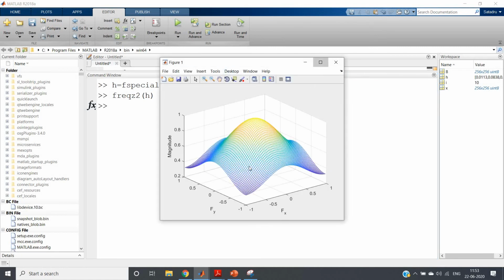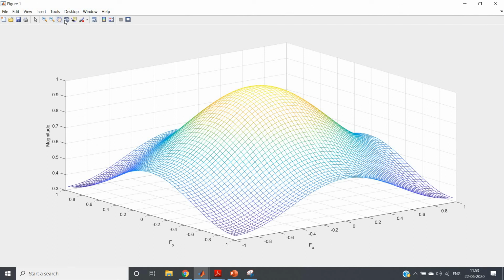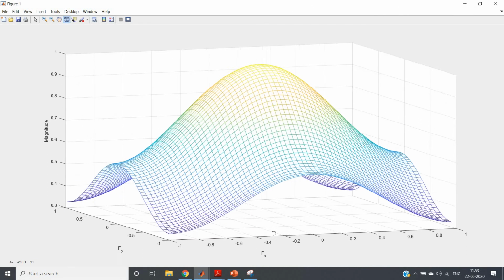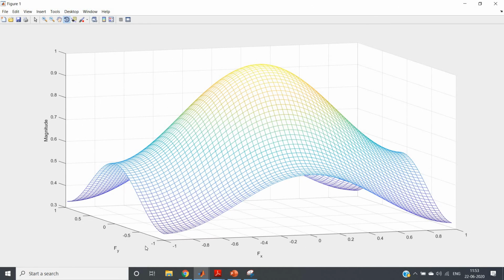So I will be having this kind of filter, and you can clearly understand that this is nothing but a low pass filter, because for both frequency along x-axis and y-axis near 0, near low frequency, the magnitude is high, and as we are moving towards 1 or minus 1, the magnitude decreases. That means it will attenuate the high frequency component.